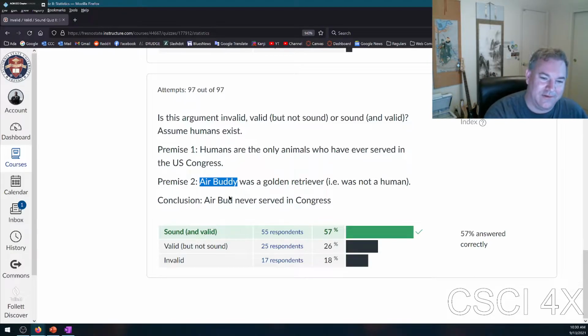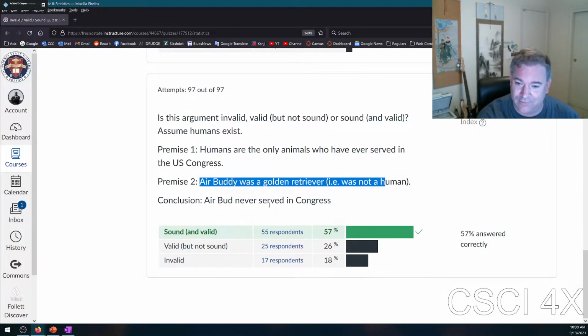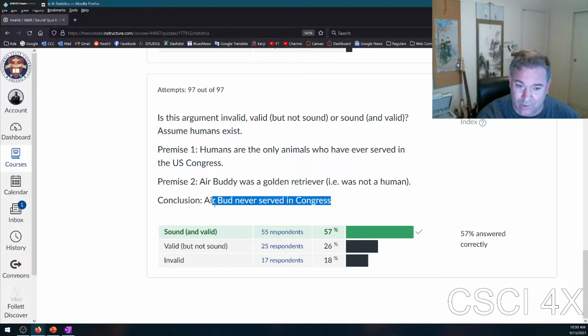I originally had it as Air Bud, but Air Bud's a fictional character, and I didn't want to get into fiction versus reality because that's kind of a weird thing. So I changed this to Air Buddy because that was the real life dog. So conclusion: Air Buddy never served in Congress. That is also sound. That is true. The logic works.